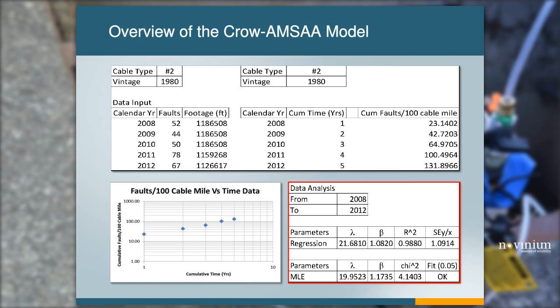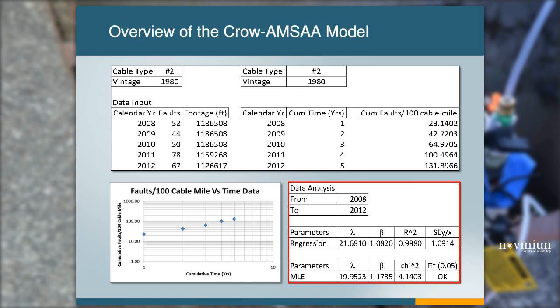We use two different methods of fitting the model to the data, a linear regression approach and a maximum likelihood estimate. When we do modeling, we use the maximum likelihood estimate because that typically gives us the best result, especially if we have some data that isn't as well behaved as the data you're looking at now.